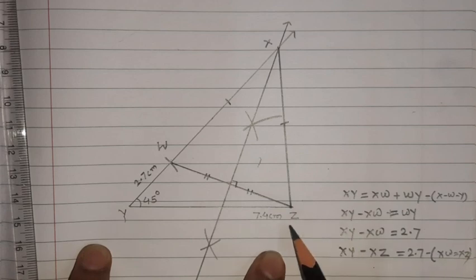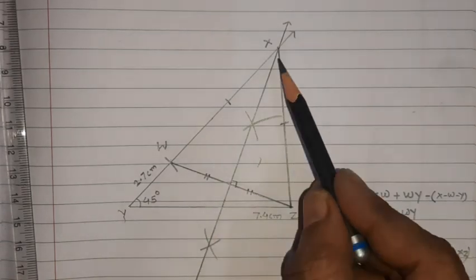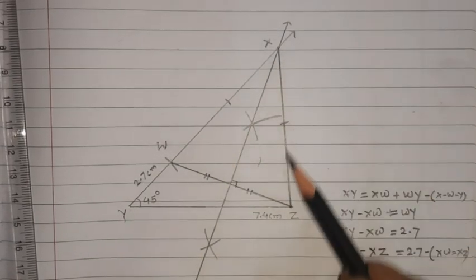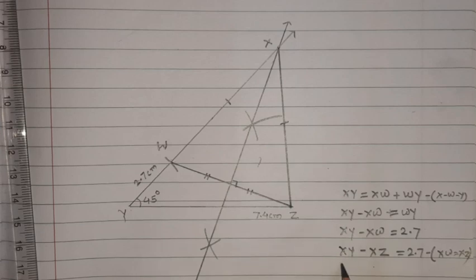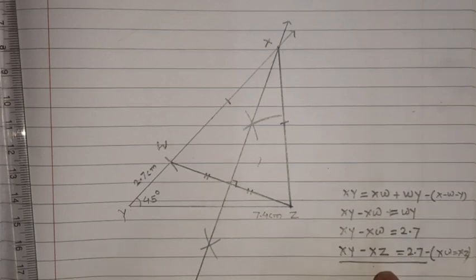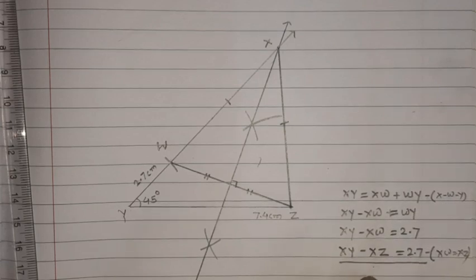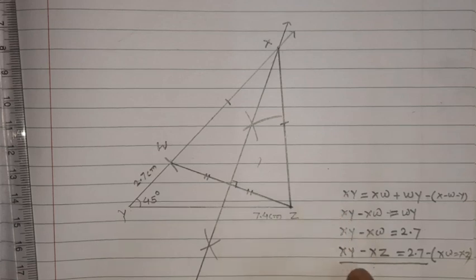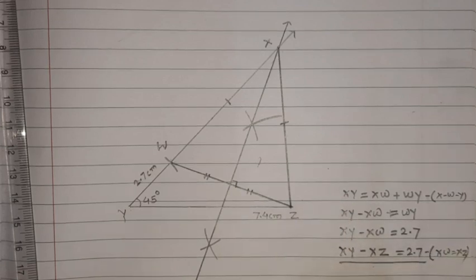Therefore dear student, we prove that XY minus XZ is equal to 2.7. Dear student, as a point of exam, this analysis is most important. You have to go through this again and again and try to understand and try to write the analysis. As a point of exam, you must write this.